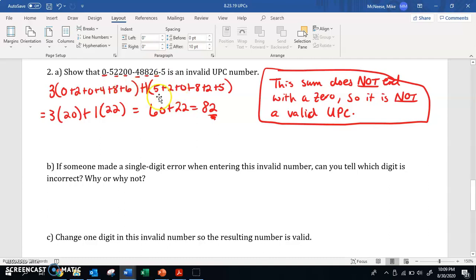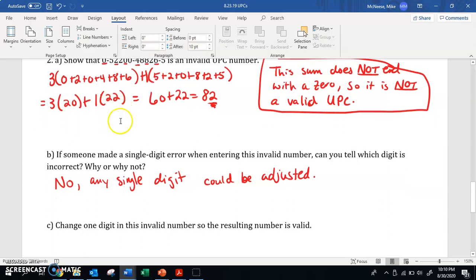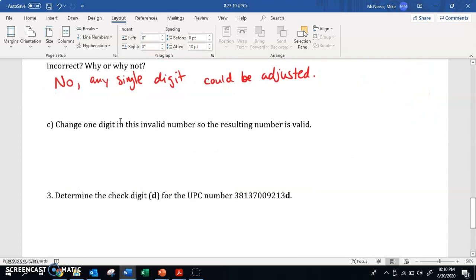Well, there's so many numbers here, we wouldn't really be able to tell because there's just too many variables involved. So what we're going to say is no, we would not be able to tell. Any single digit could be adjusted. Okay, so any of them could change and cause the whole thing to be thrown off.